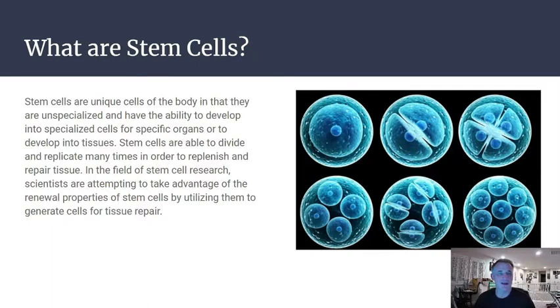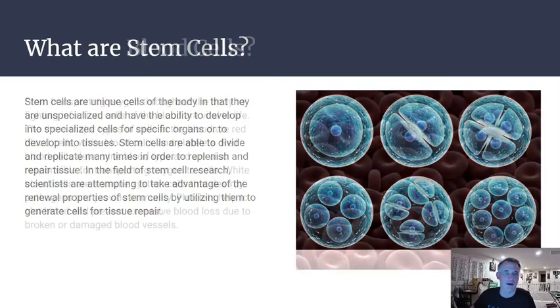They have the ability to develop into specialized cells for specific organs and eventually develop into tissue. Stem cells are able to divide and replicate many times in order to replenish and repair tissue. In the field of stem cell research, scientists are attempting to take advantage of the renewal properties of stem cells by using them to generate cells for tissue repair, as I mentioned before.